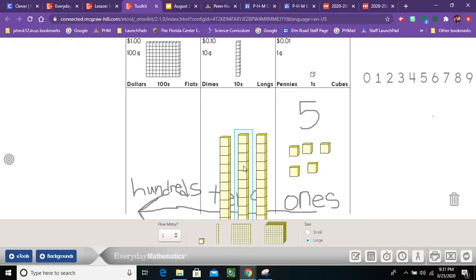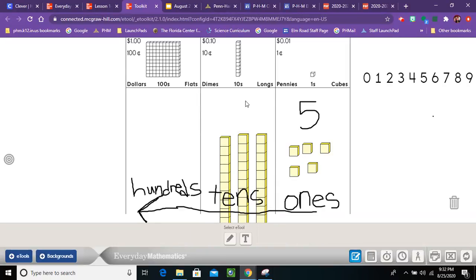Because these are in groups, I'm only going to say that we have 3 groups of 10. Even though I know that is 30 cubes altogether, because the 3 is in the tens place, that tells me automatically that there are 30 of those cubes.